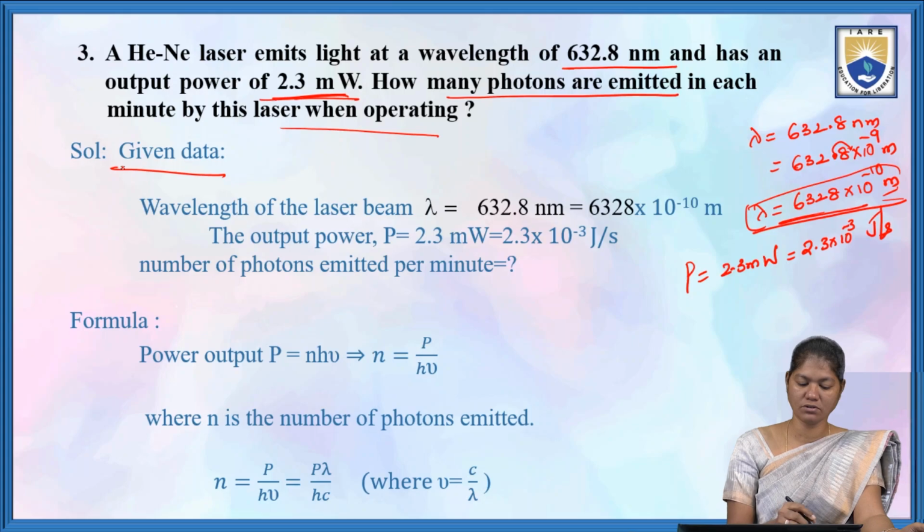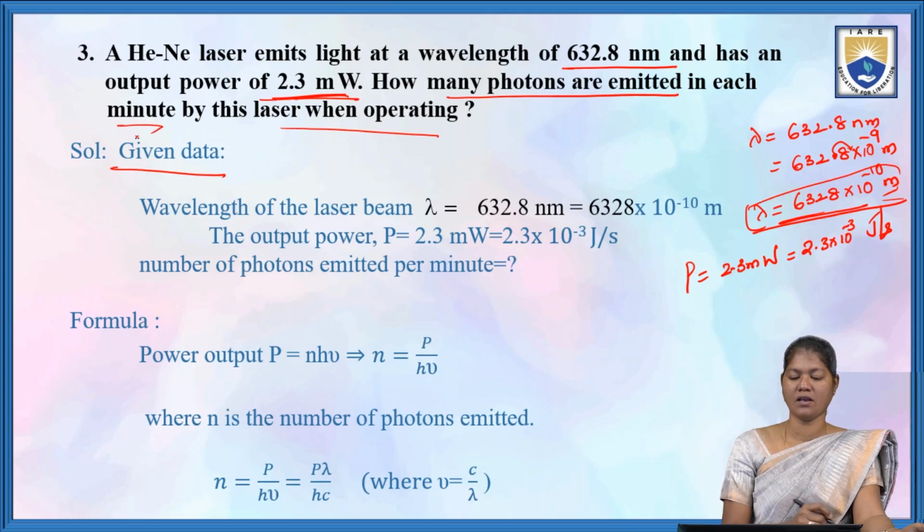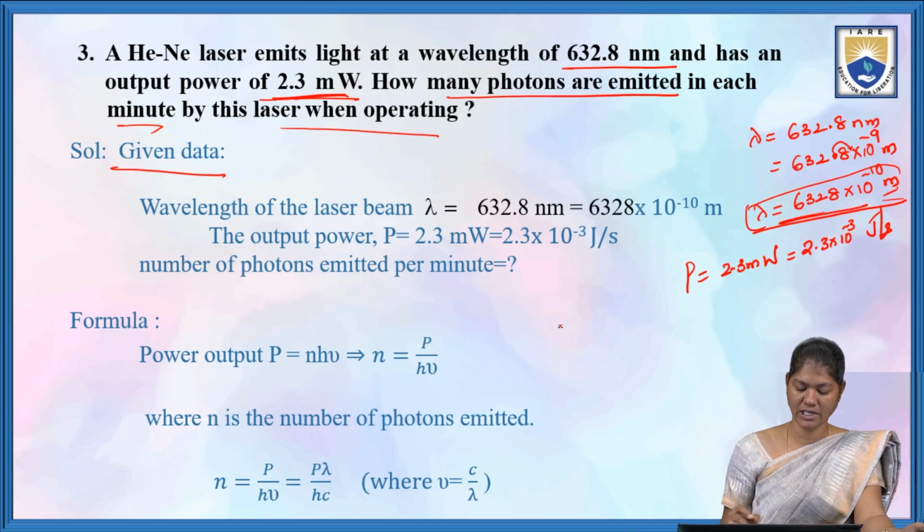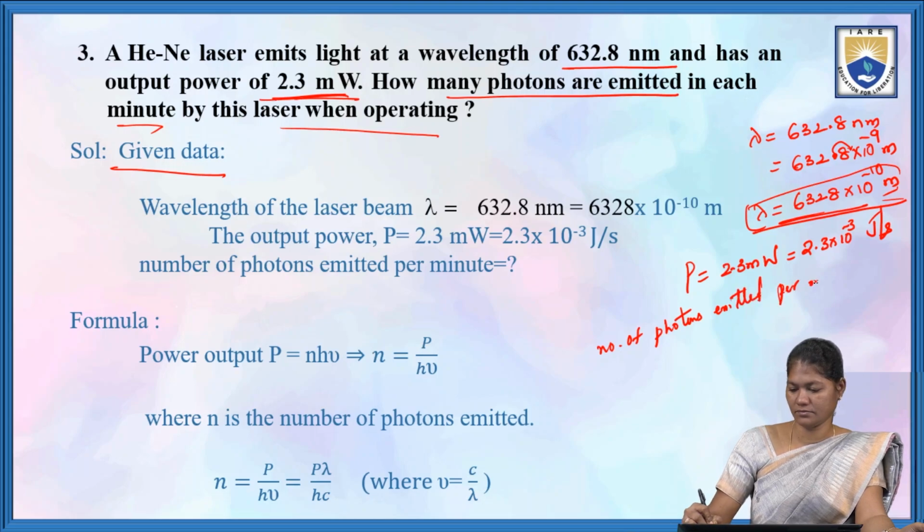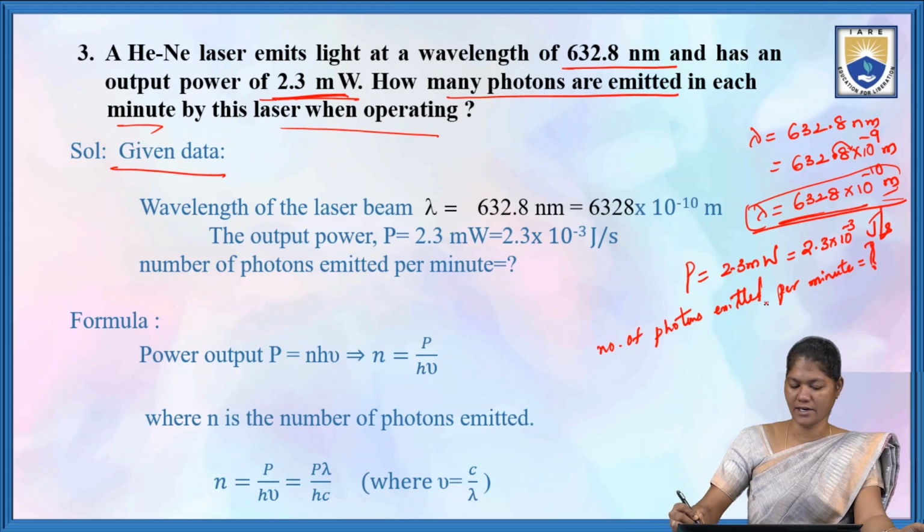Time is also mentioned, so the number of photons emitted in each minute is what we need to calculate.